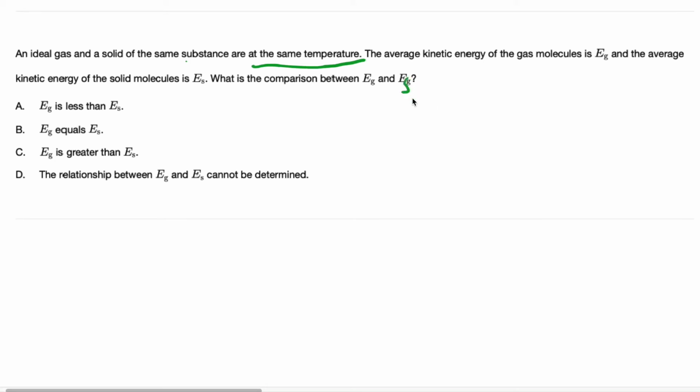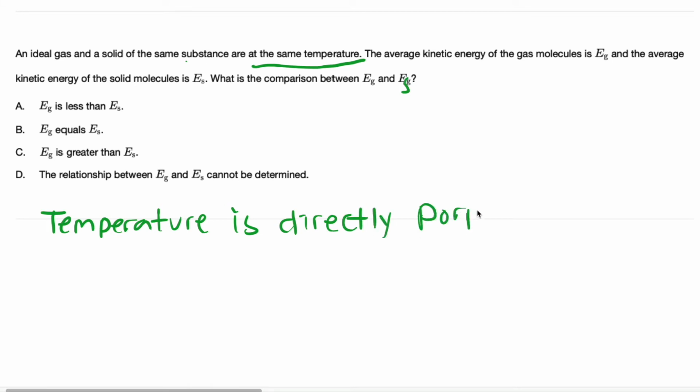So remember that temperature, I'm going to write this here since this is very important, temperature is directly proportional to kinetic energy.